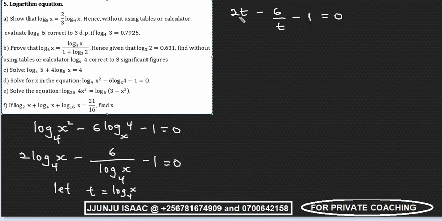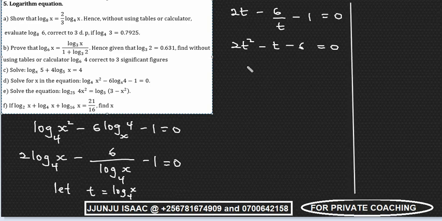Multiply with t throughout, we get 2t squared minus t, then minus 6 equal to 0. So we can use factorization if it can work, or we can use the formula to get the value of t. So let us use the formula.